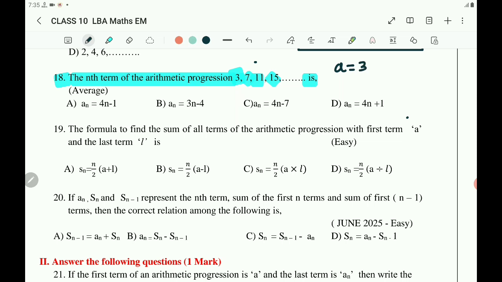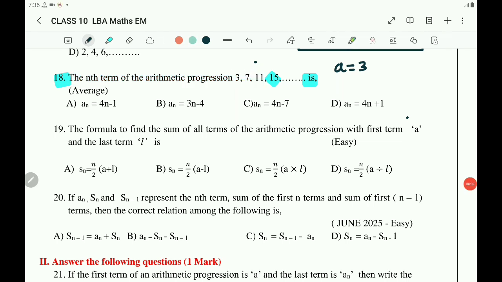And also find d. d is equal to a2 minus a1. Here a1 is 3, a2 is 7. The second term is 7 and the first term is 3. And a2 minus a1 means 7 minus 3. That is the value of d here.